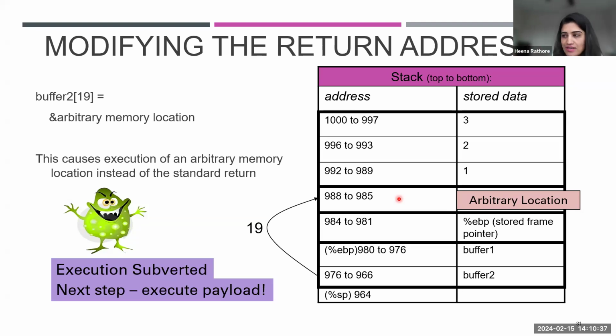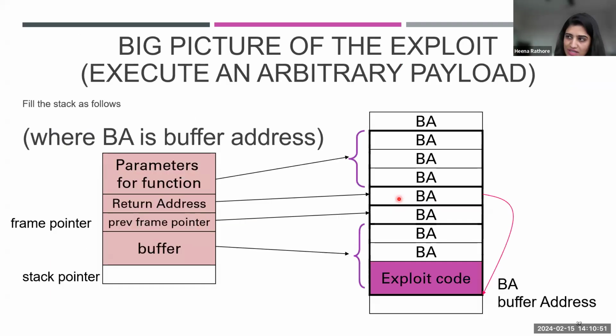Once you take the program to some other location, the next step an attacker can do is to execute the payload. How exactly a payload can be executed is illustrated in the next consecutive slides. Here, if you see, instead of going to the return address, it is going to some arbitrary location.